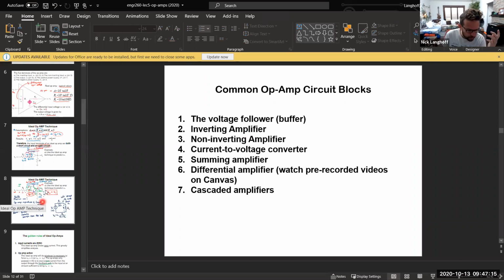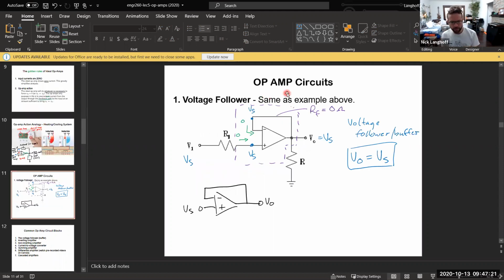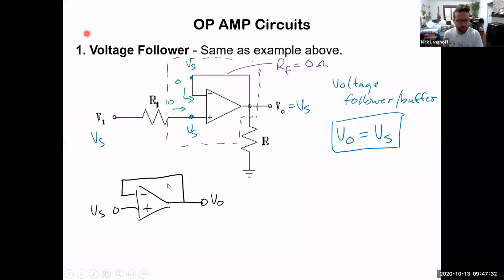As a reminder, we talked about these golden op-amp rules, and then we looked at the following circuits. We looked at the voltage follower. Remember that it's when you apply the input to the non-inverting terminal VP, it gives you out the same voltage that you put in. There's no voltage drop across R1 here because remember, there's zero current into the inputs.